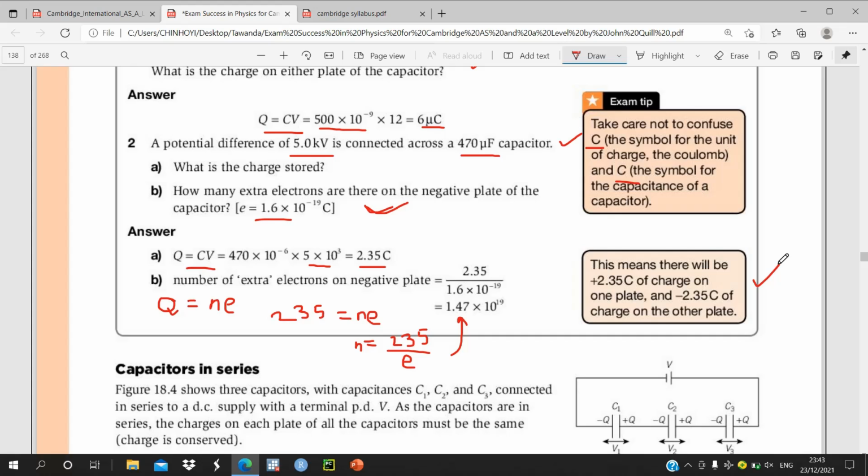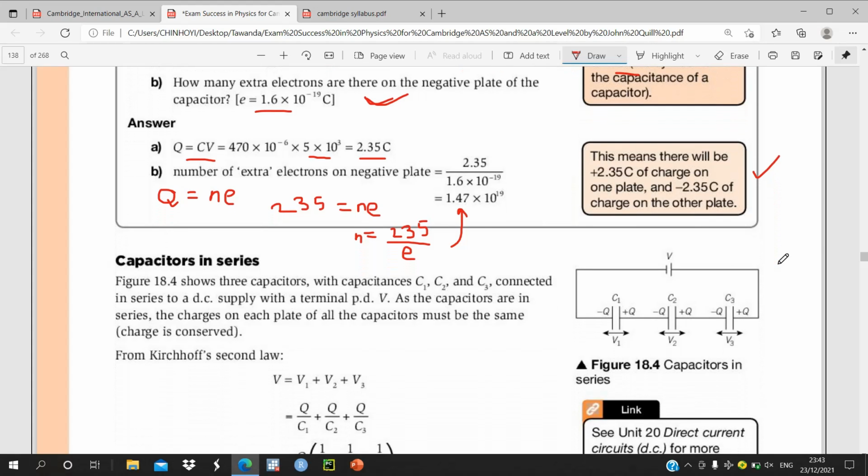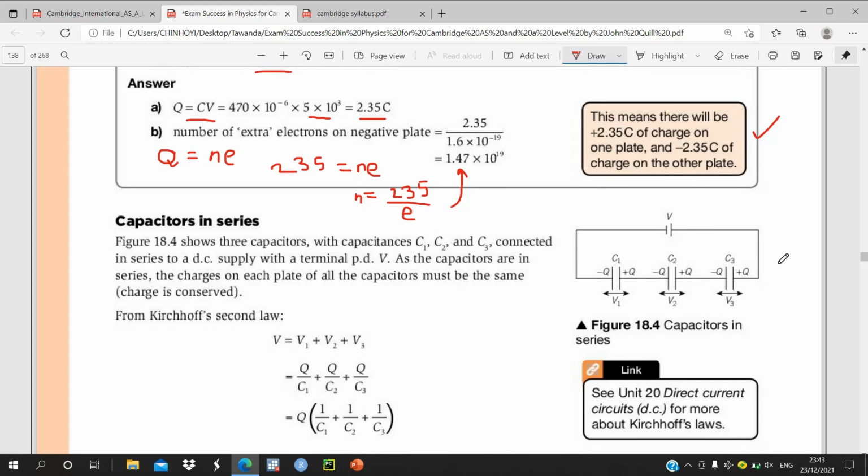Now we want to look at capacitors in series. When capacitors are connected in series, like in our diagram, Fig 18.4, we have capacitor 1, capacitor 2, capacitor 3, and their charges. Across these capacitors we have a voltage V1, here V2, and here V3.